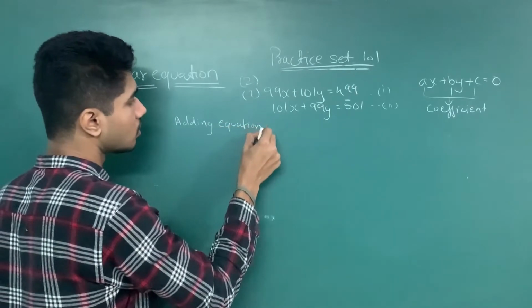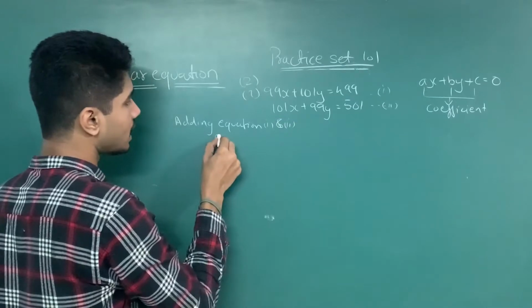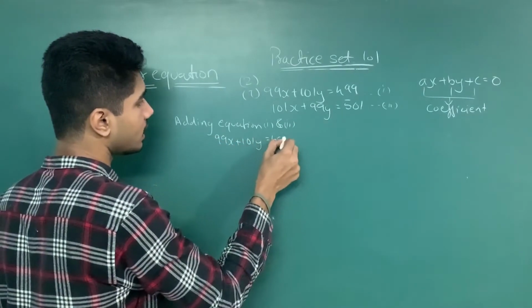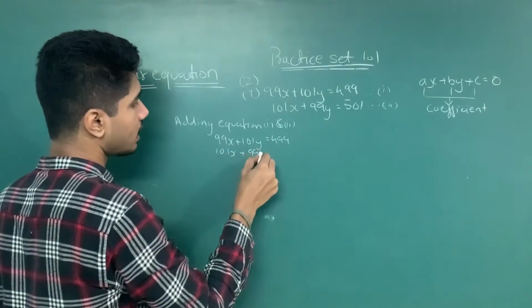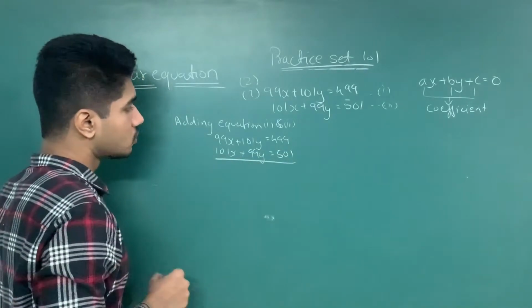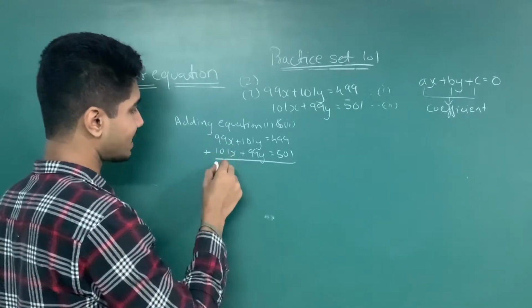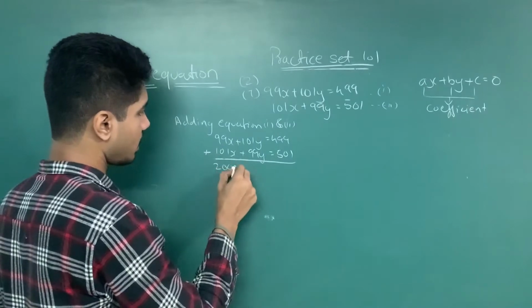equations 1 and 2. So 99x plus 101y is equal to 499, and 101x plus 99y is equal to 501. When you add, 99x plus 101x gives 200x.